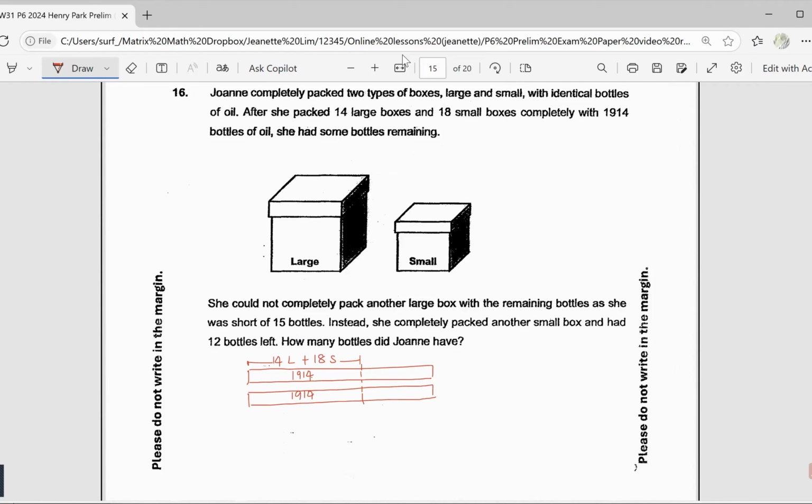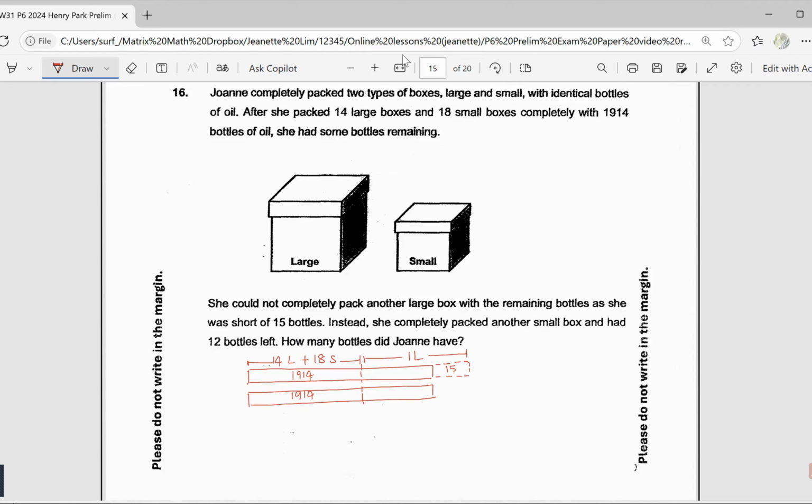Now, whatever is left behind, if she packed into large boxes, she would be short of 15. Short of 15 means you need an extra 15. So you add on 15 here, 15 bottles. That's the number of bottles needed for one large.